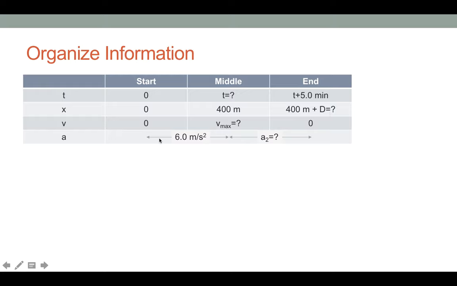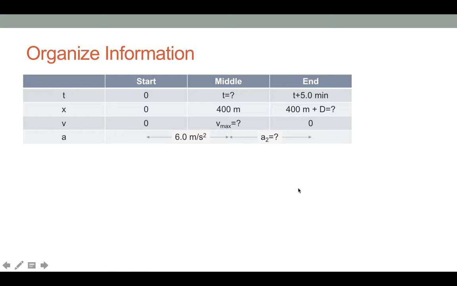In terms of accelerations, we know from start to middle, it'll be accelerating at a constant rate of 6 meters per second squared. And during the second half, we're going to assume this acceleration is constant, but we don't know what it is. So this now fills out the table, so we know the values for the time, the position, the velocity, and acceleration at each of the points of motion of the object.